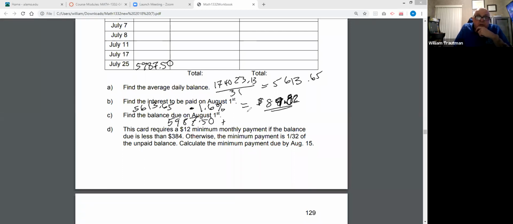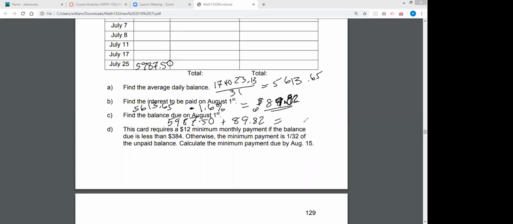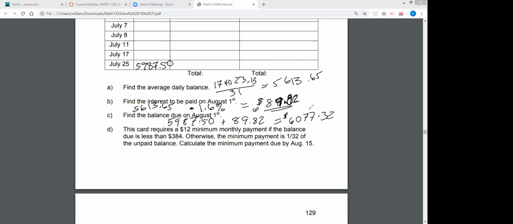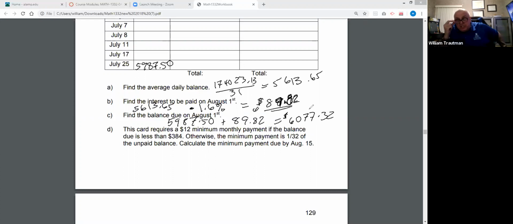I have to now add the interest to get my new balance on 1 August on my new statement. So that will be $6,077.32. Correct.